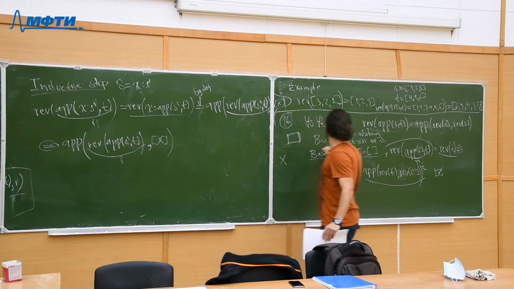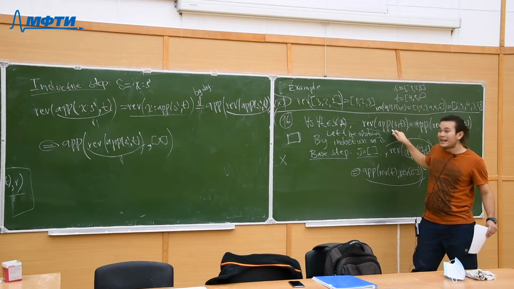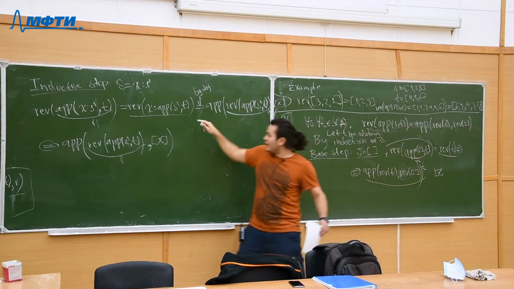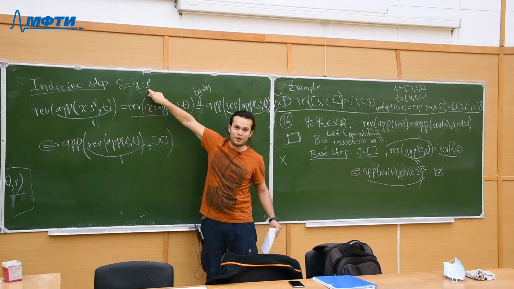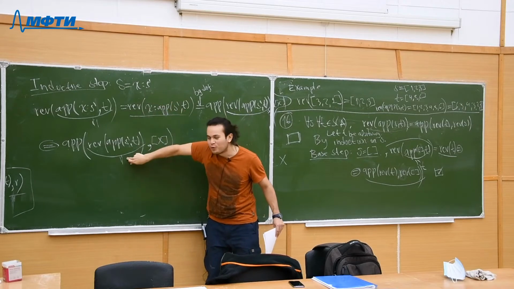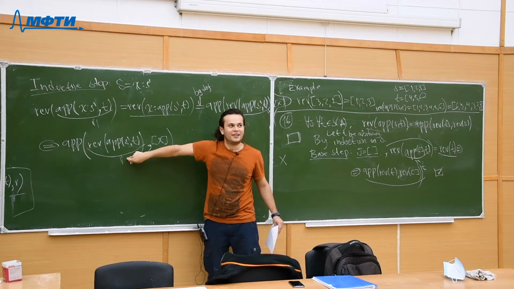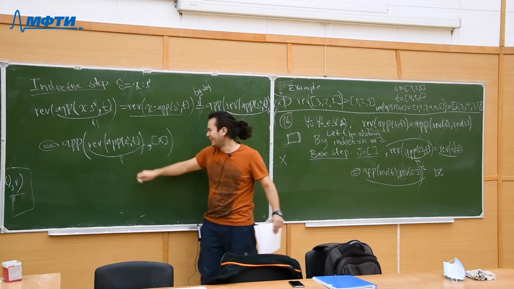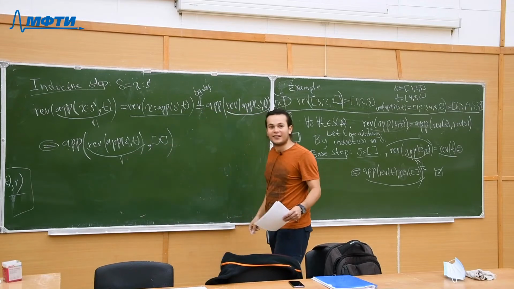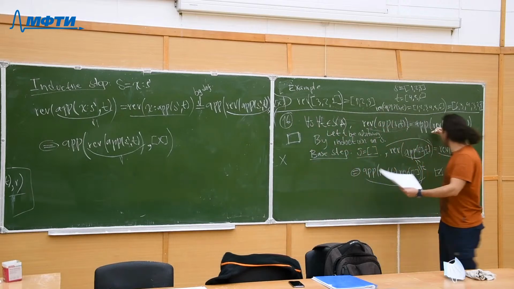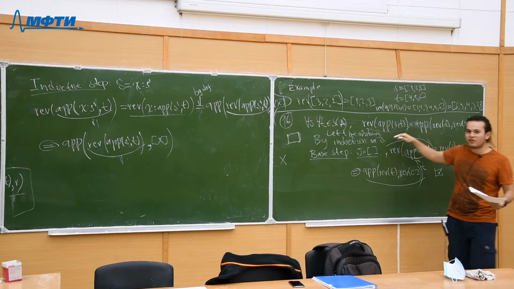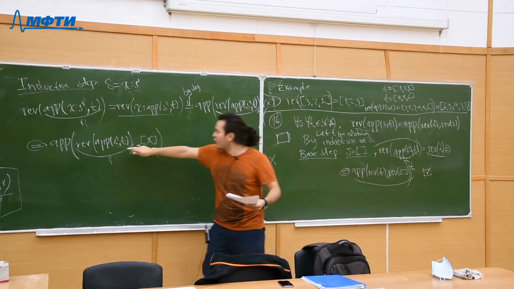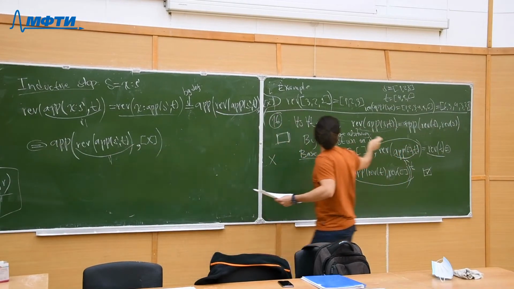We are trying to prove this by saying that this holds for S prime. So this is equal to what? Yeah, we have to put this there, but with the S prime, right? Because we know that this is true for S prime. So we can just put this there.